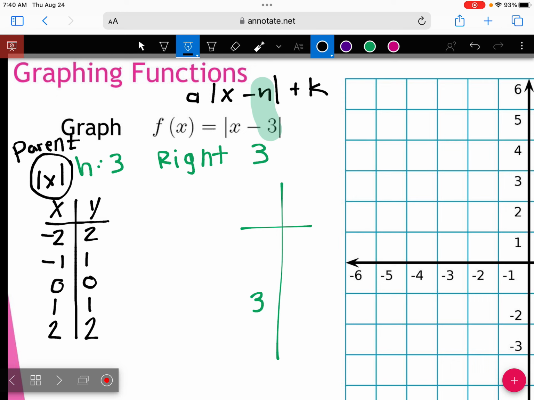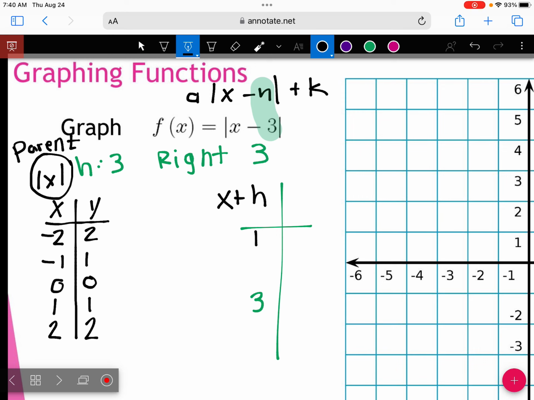I can take my basicest of basic. I barely have to think to fill in the table once we get a few practices in it. And we're going to take our x values and we're going to add h. So I'm going to take my -2 plus 3 to give me 1.